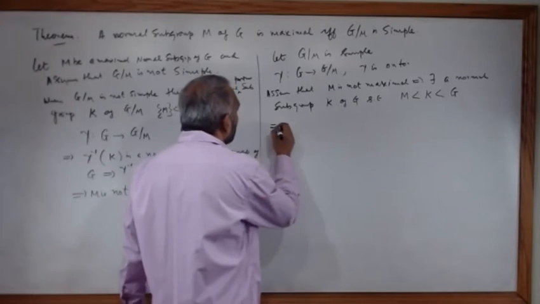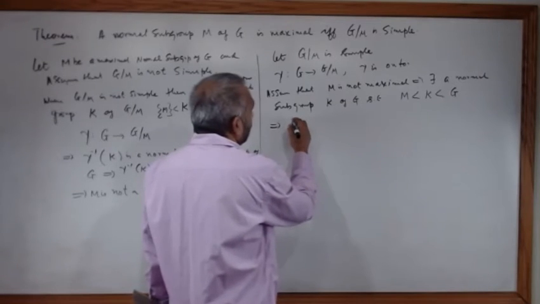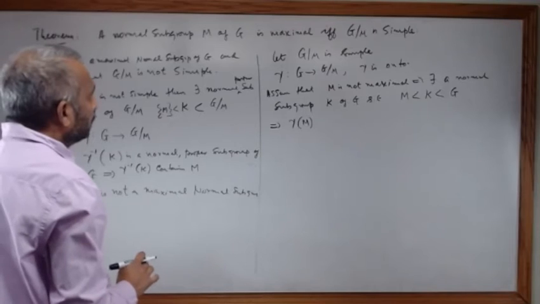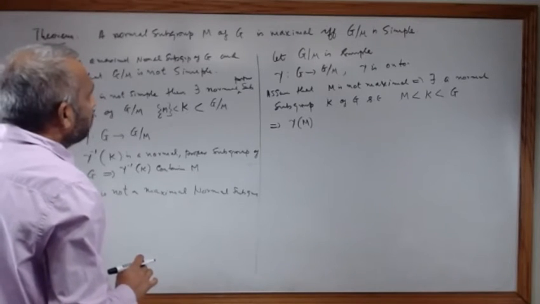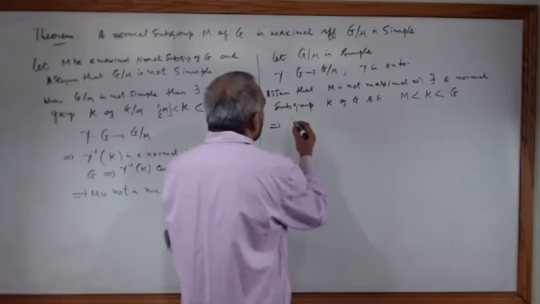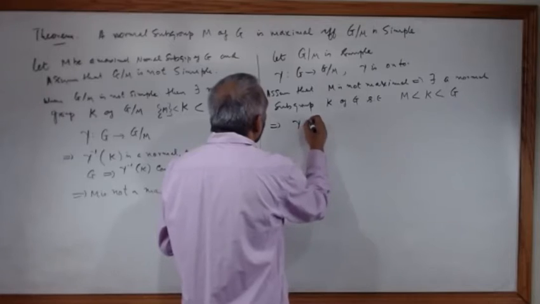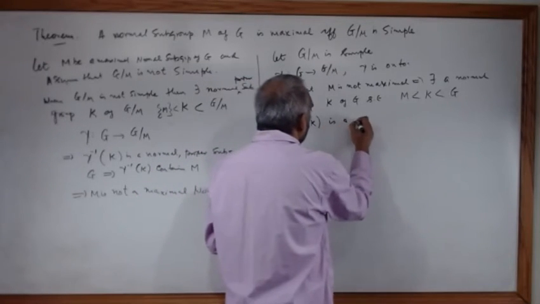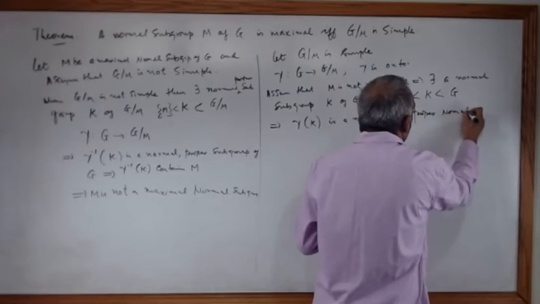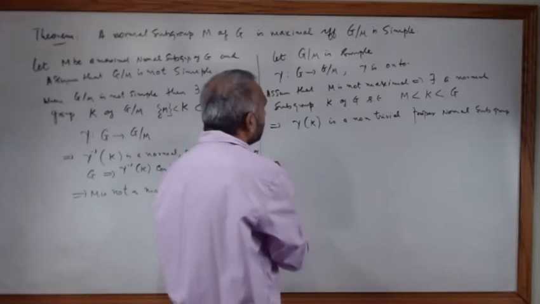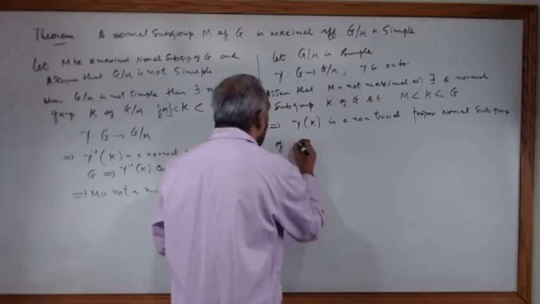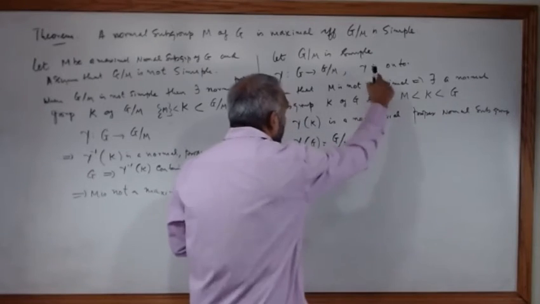So this implies gamma of M, this implies that gamma of K is a non-trivial proper normal subgroup of G over M. G over M means actually you should say gamma of G, which is already equal to G over M because it's onto.